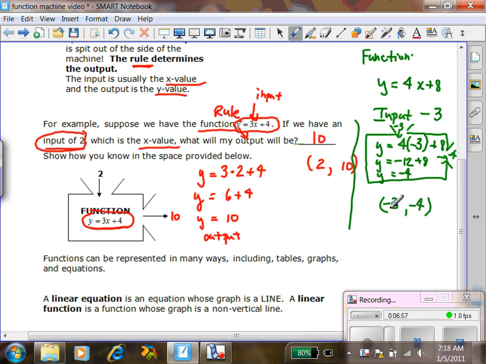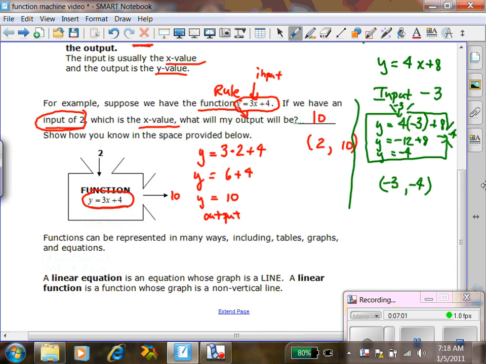And you could choose all kinds of numbers. We could try a different input. We could put an input into that same function machine. We could choose 5. And so we would have our little function machine right here off to the side. I love these things. And like so, we have y equals 4 times 5 plus 8.